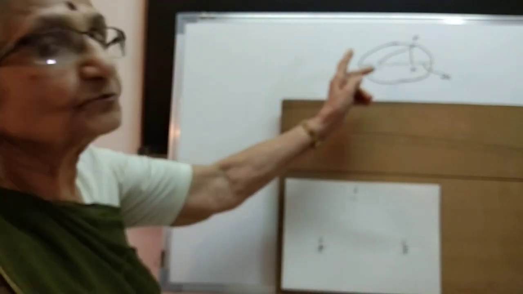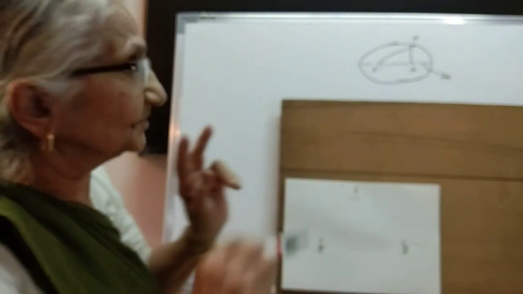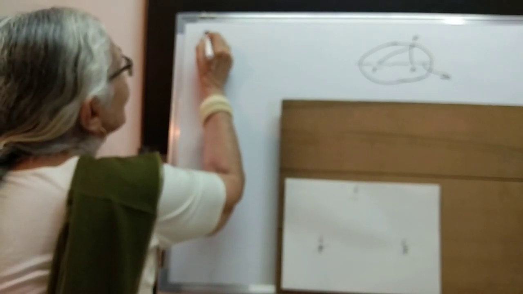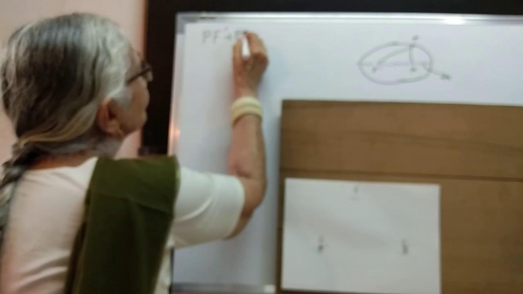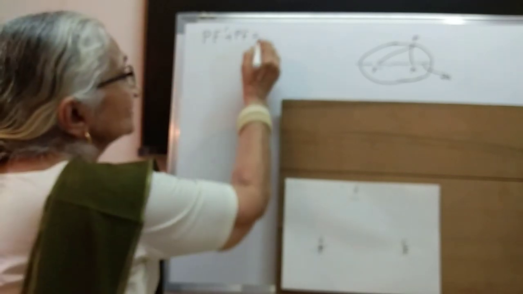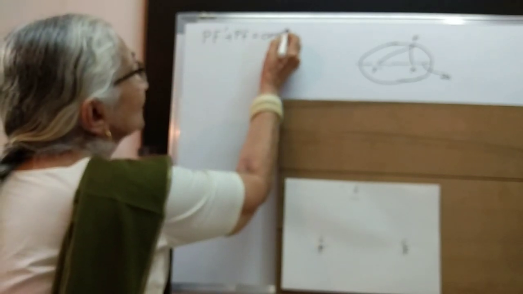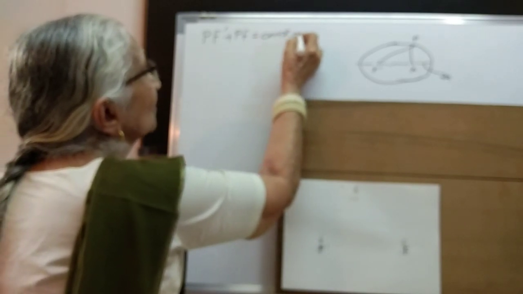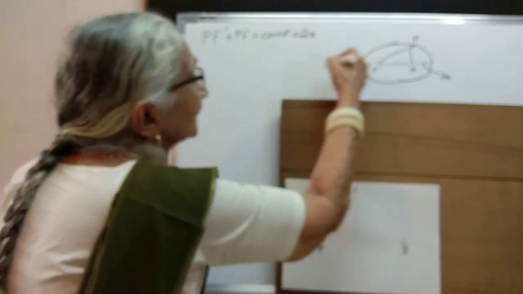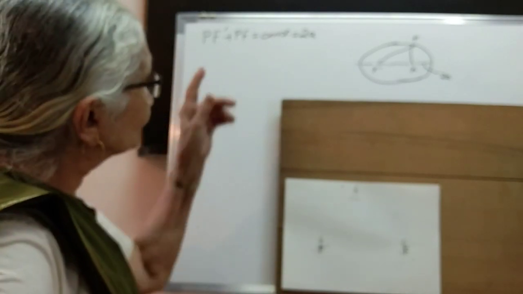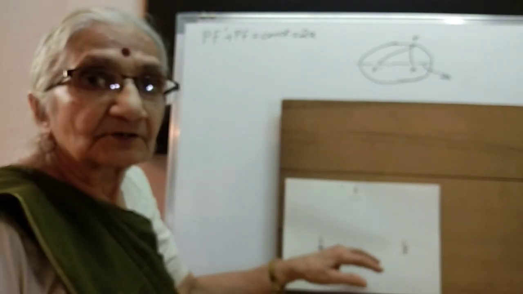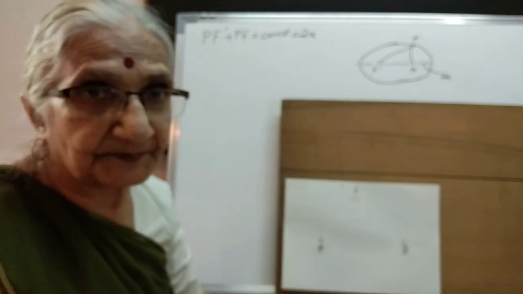The sum of these two distances is always constant. So we shall have PF dash plus PF is always constant, and that constant is not just any constant, it is always equal to 2a, the length of the major axis. Okay, we are using this property and going to construct an ellipse.